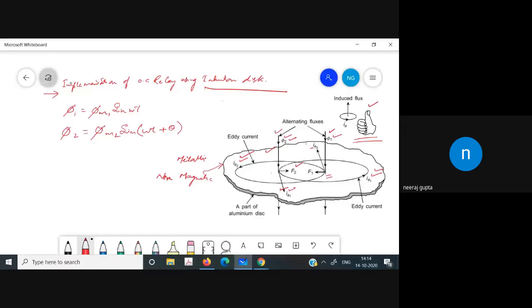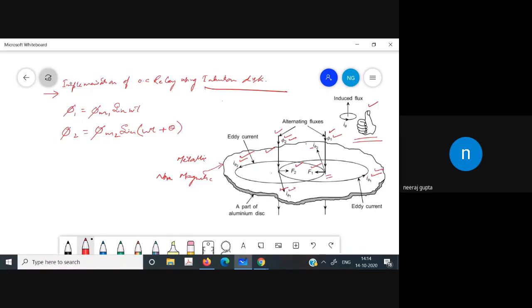So we have the force F1 due to the interaction of phi1 and I phi2, and due to the interaction of phi2 and I phi1, we get the force F2. So the force is produced in that case.